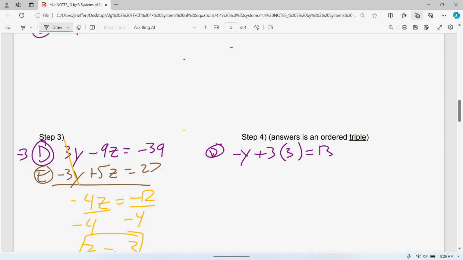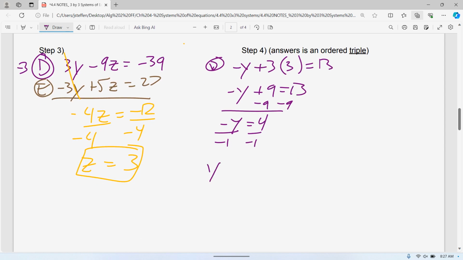You guys have done this 1,000 times already. 3 times 3 is 9. Subtract 9 and get negative y is equal to 13 minus 9. It's 4. That's one of those things you should know as a math teacher, but divide by negative 1. I end up getting my y is equal to negative 4.